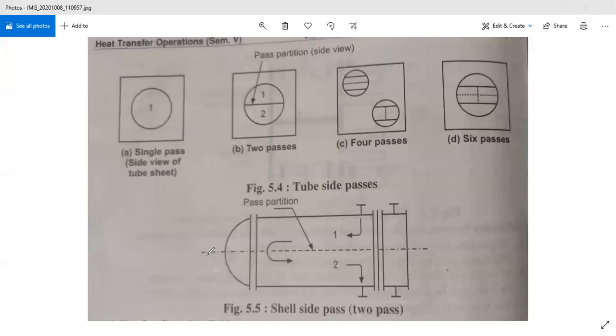The function may be cooling, heating, condensing, chilling, vaporizing, evaporating, etc.